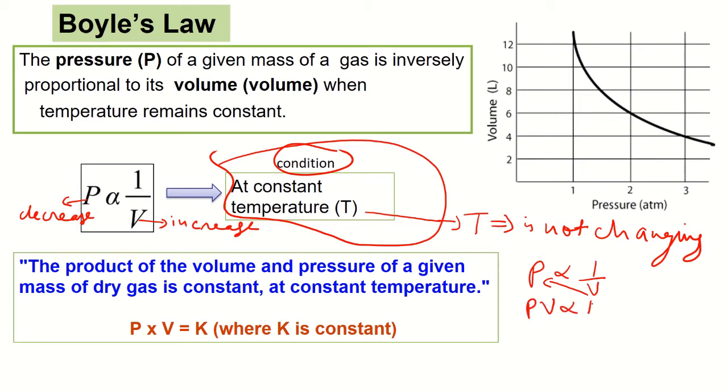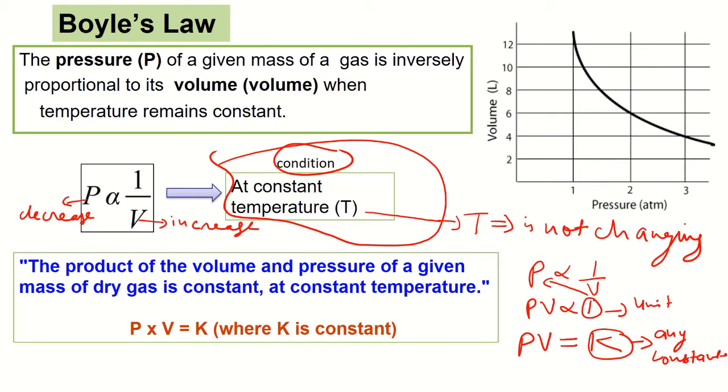This one is like a unit, or some kind of constant. So we can make one more rule: PV is equal to K, where K is some constant, and it will not change for one gas.